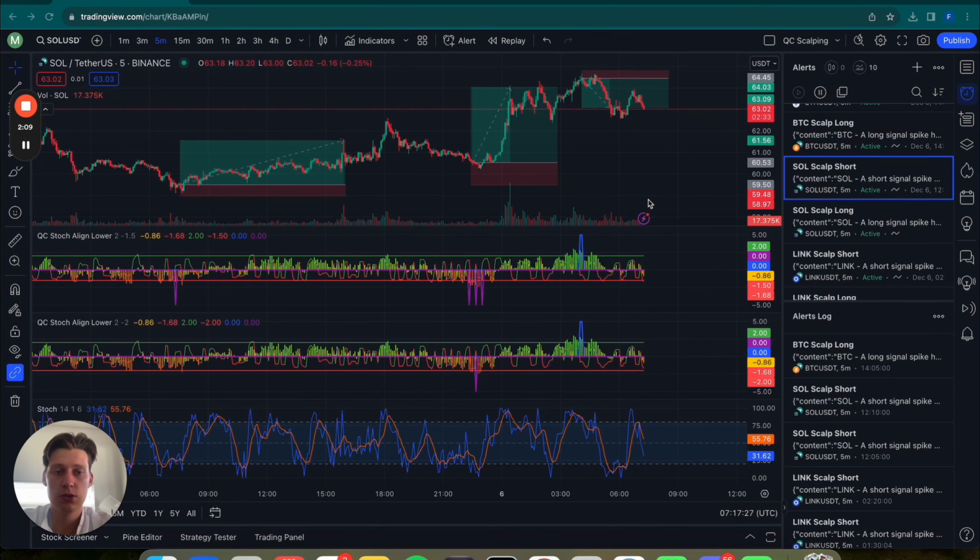If you do not have the risk management skills, then it does not matter what signals or what entries you're using, you will still lose money, because you will mismanage your trades by default, because that's how the market is designed to prompt you, to trigger you to do that.